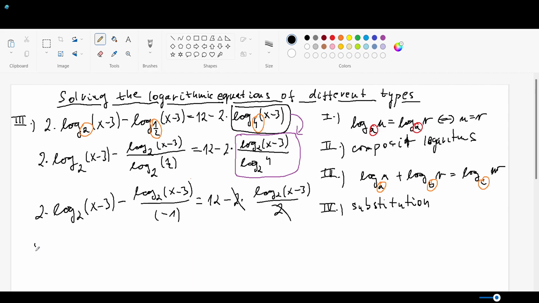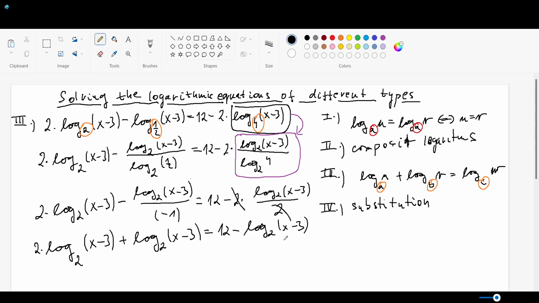So when we apply all the operations, it would be something like this. Log base 2 of x minus 3.